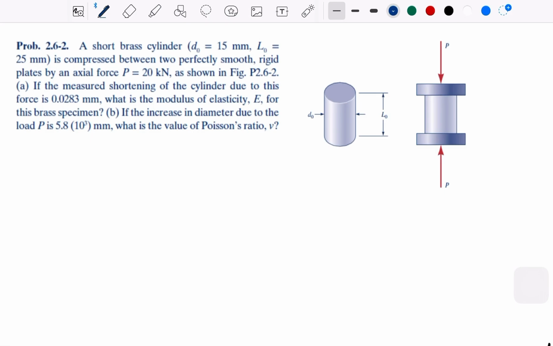So for today's class, I would like to start with reviewing chapter 2. Maybe two problems. So this is the first one.